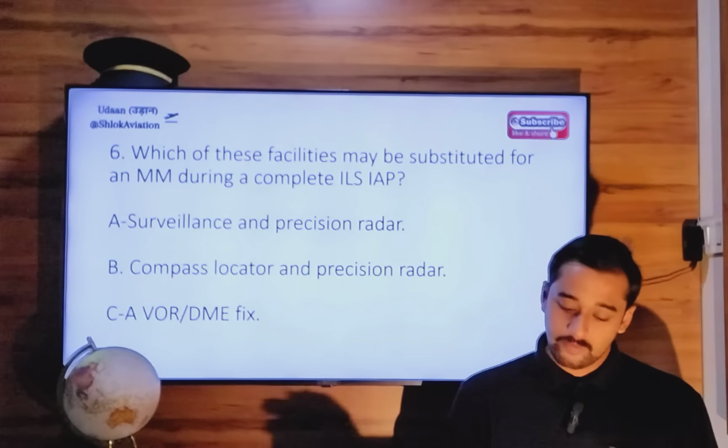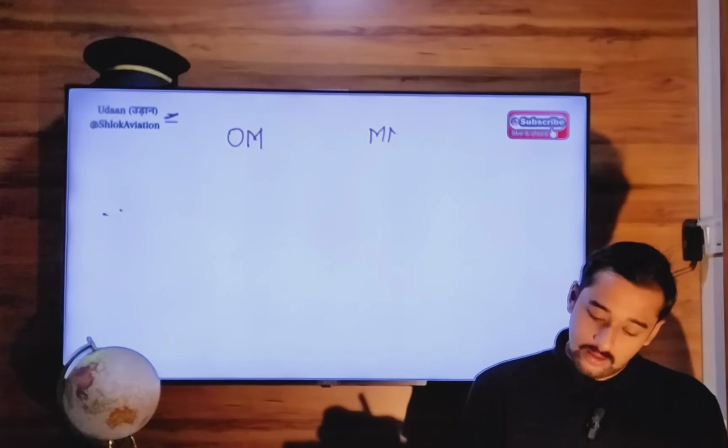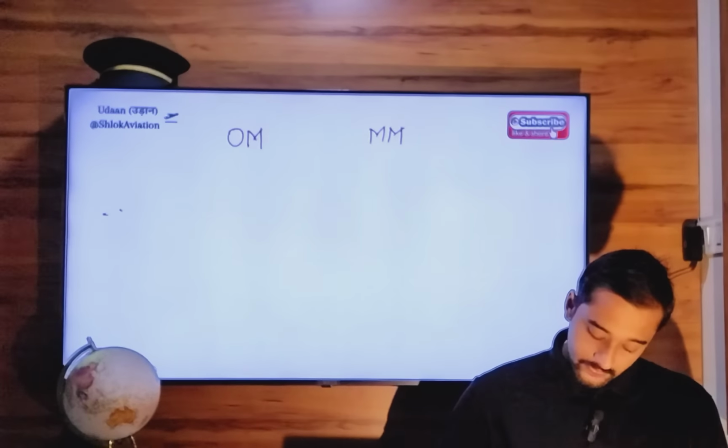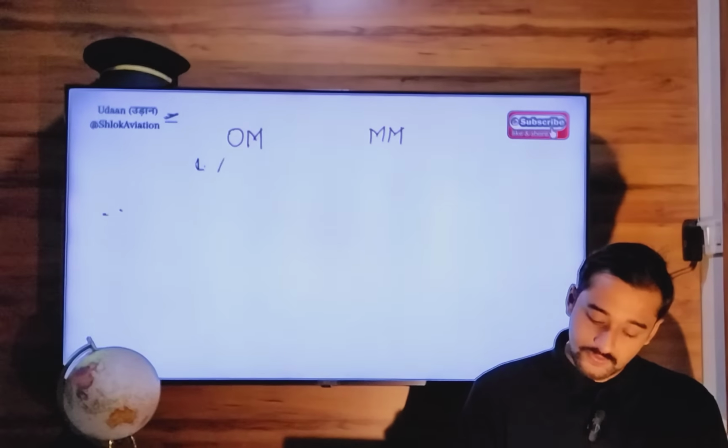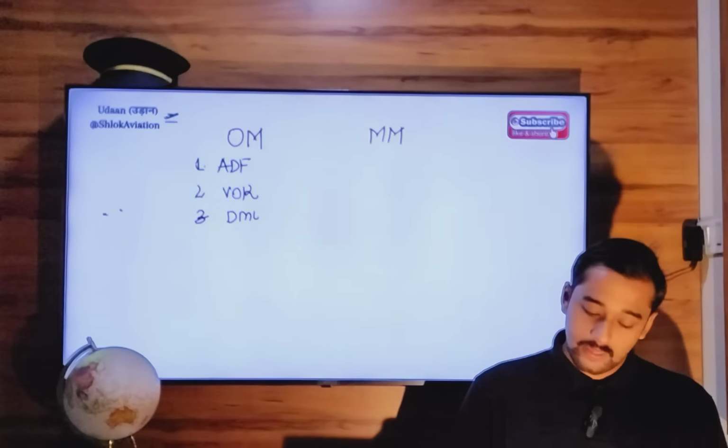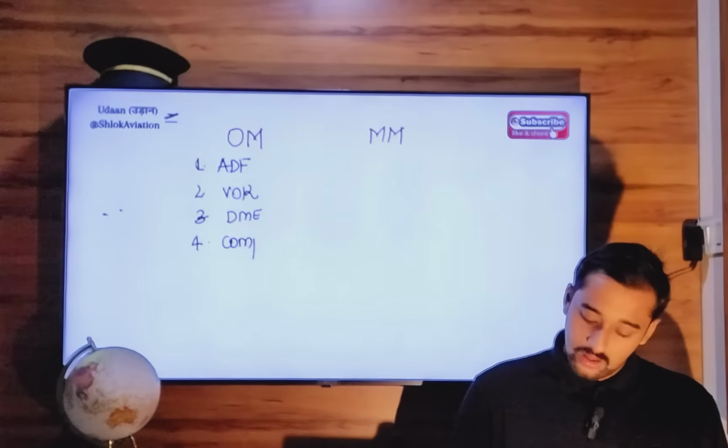Again, outer marker may be replaced by many equipments like first ADF, VOR, okay, DME and compass locator.